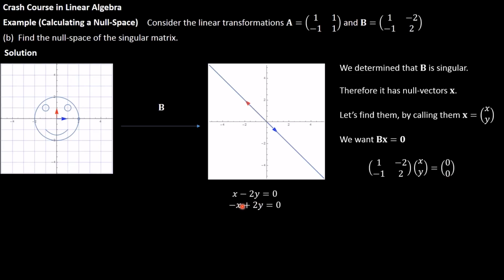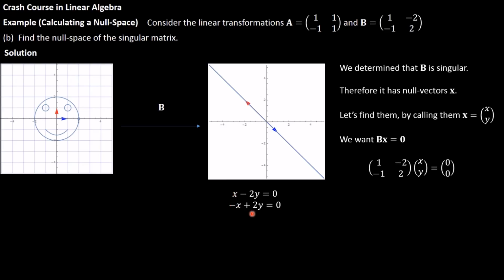So here's what that is. When you write out the definition of matrix multiplication, you get this system of equations. The first component is 0, second component is 0. Now usually, the only solution you could possibly have to a system like this is 0 and 0. But it turns out these equations are redundant.